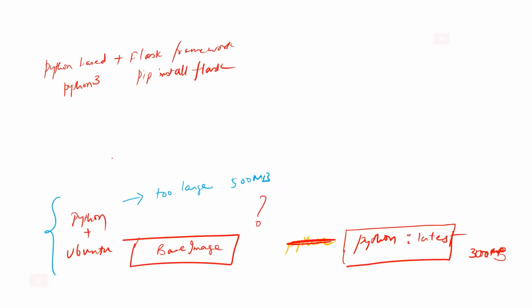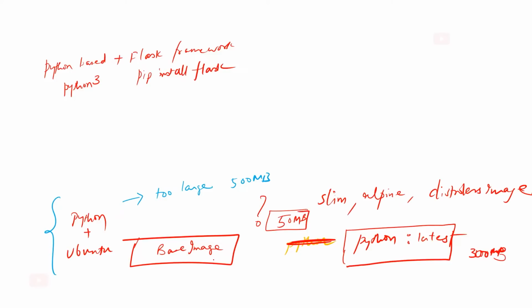So when you search for a Python based base image, look for something lesser in size. Probably look for the slim tag, the Alpine tag, or search for a Google distroless image that is built for Python. The slim or Alpine images will be very small in size, let's say 50 MB.